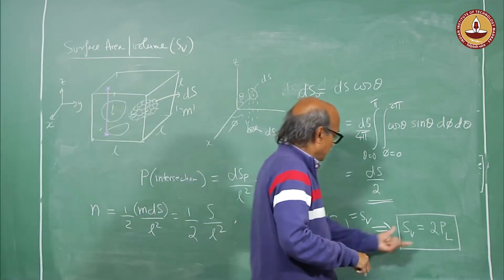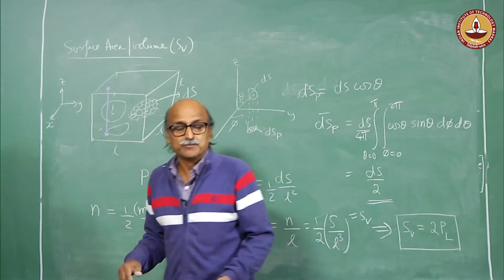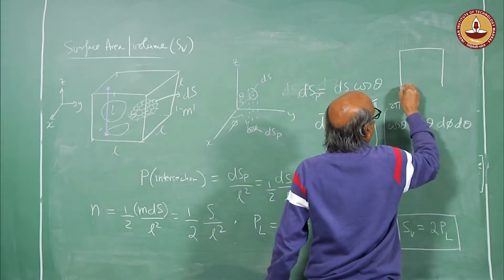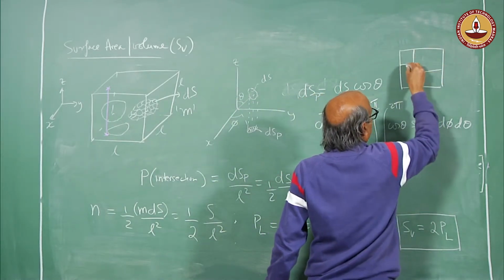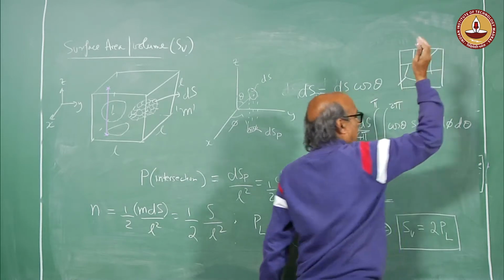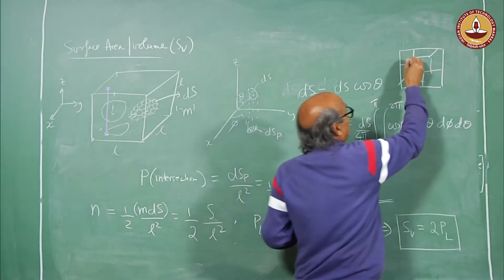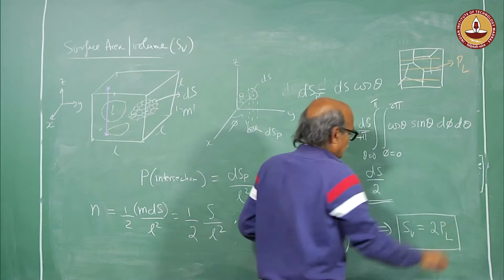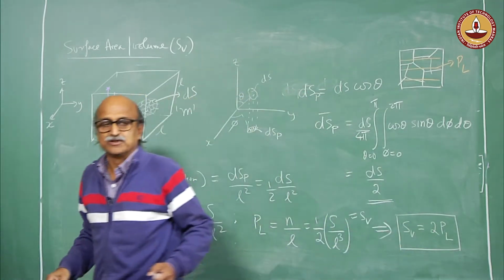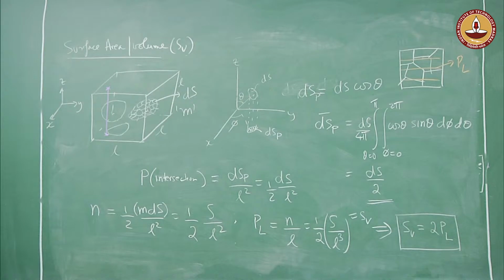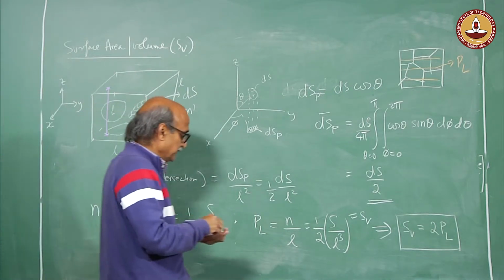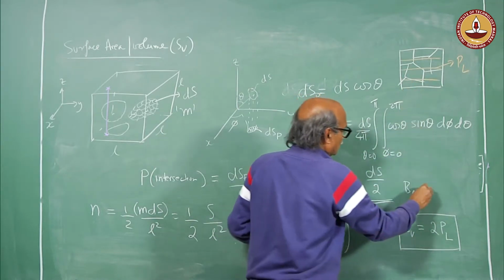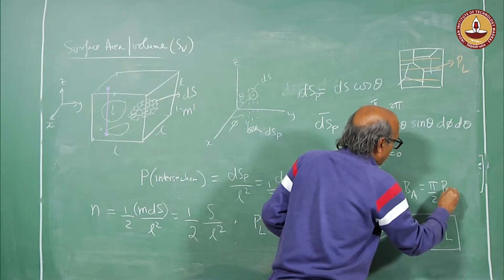Okay, so we now have a relationship that if I take a microstructure, let us say a polycrystalline microstructure or particle microstructure, it does not matter, I get PL out of this, 2 times that is simply an estimate of the surface area of the grain boundaries in a unit volume. And remember that boundary length per unit area of this was pi by 2 PL.